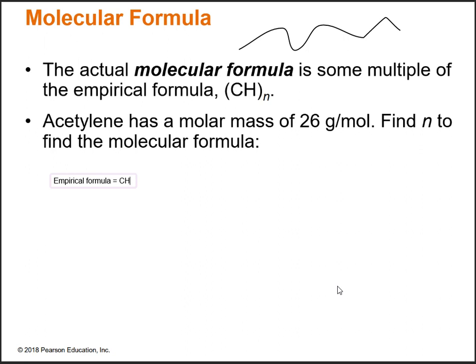To figure out what the molecular formula is, you first have to figure out what your molar mass of the empirical formula is. So that's step 1. Find the molar mass of the empirical formula. So go ahead and do that.